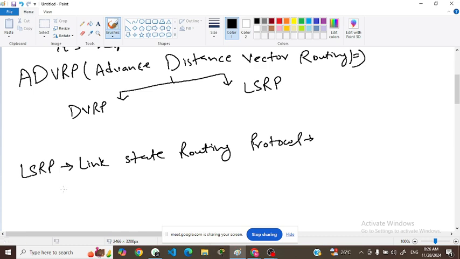But in LSRP, they will also share the entire link information.